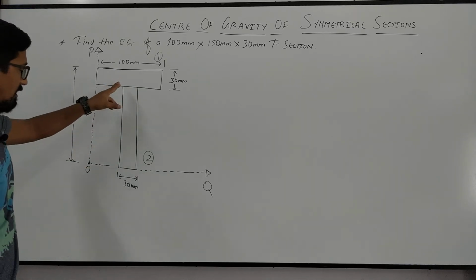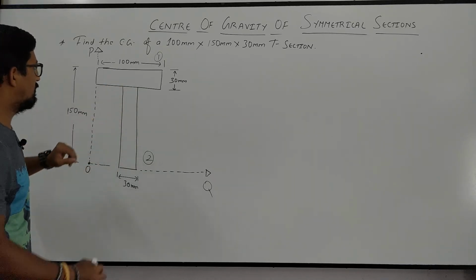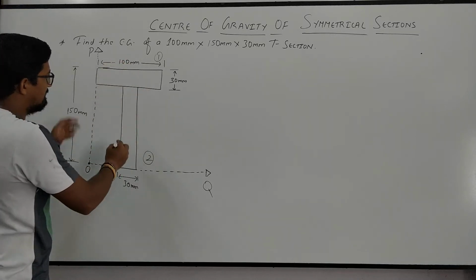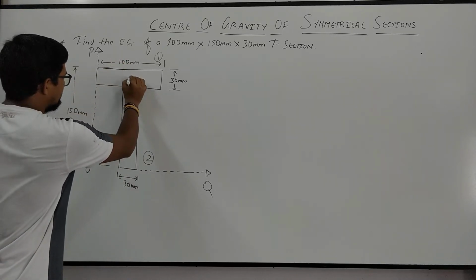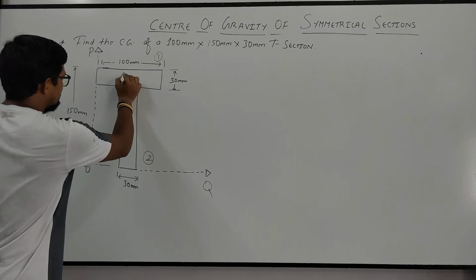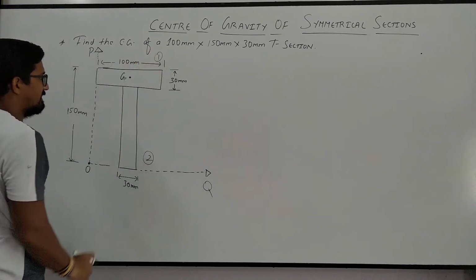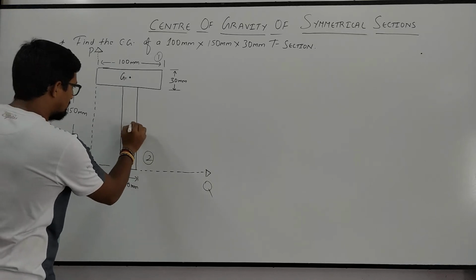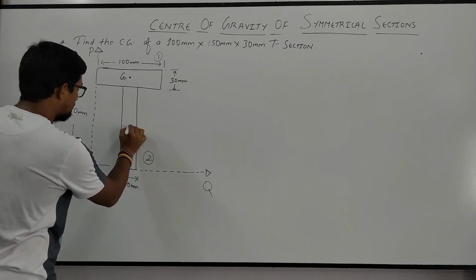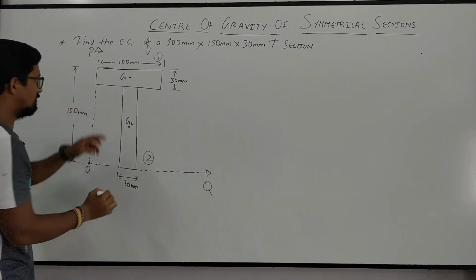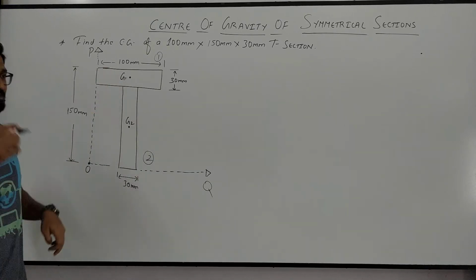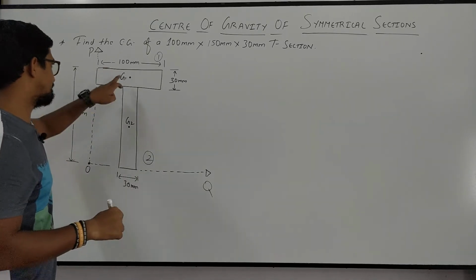Now we know that for rectangle 1, the CG is always at the center, correct? So this is G1, the CG of this rectangle or section 1, and for rectangle 2, the CG is also at the center. I will call this G2. So for rectangles, the CG is always at the center.